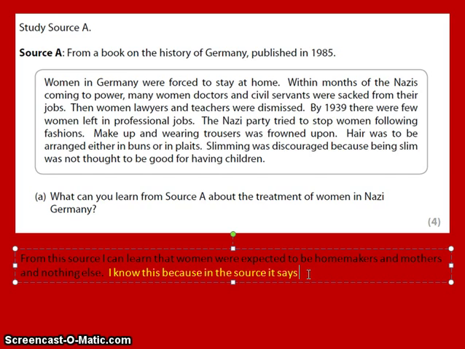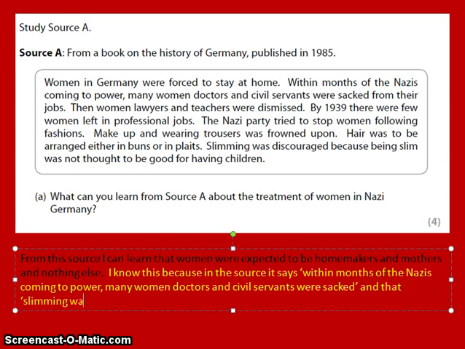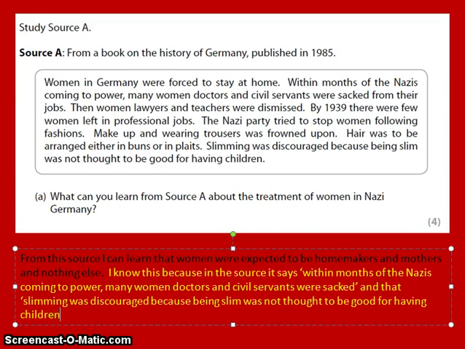And I'm going to say that within months of the Nazis coming to power, many women doctors and civil servants were sacked, and that slimming was discouraged because being slim was not thought to be good for having children.